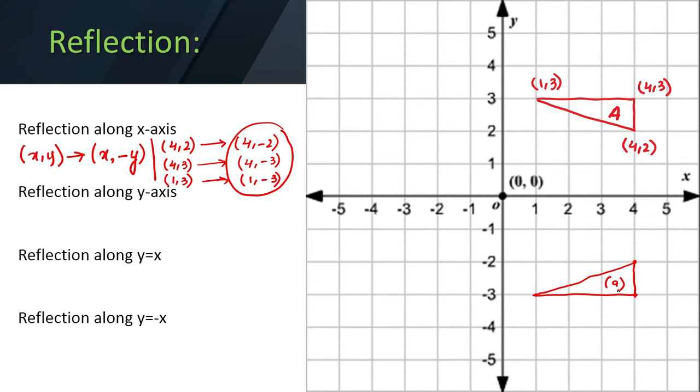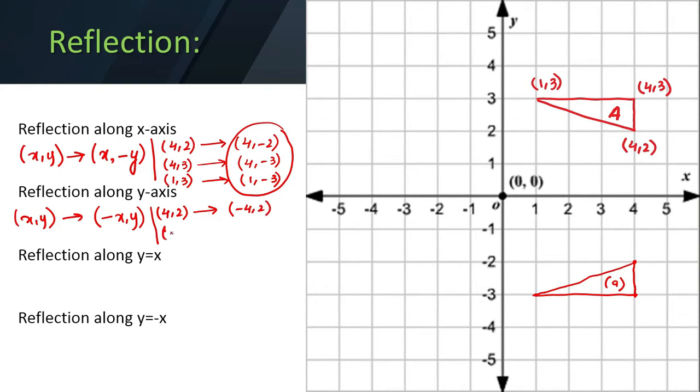Then if we have the y-axis as a line of reflection, in this case the x and y coordinates will change, as we will have a negative sign with the value of x, and the y coordinate will be as it is. So if we have these coordinates of an object as (4, 2), it will be (-4, 2).